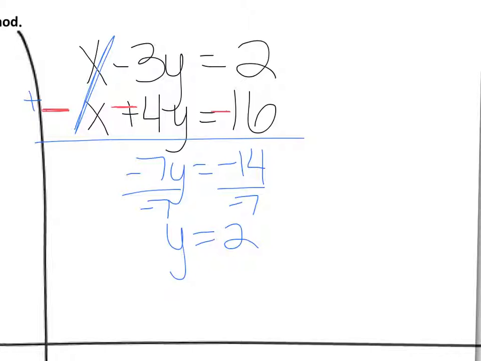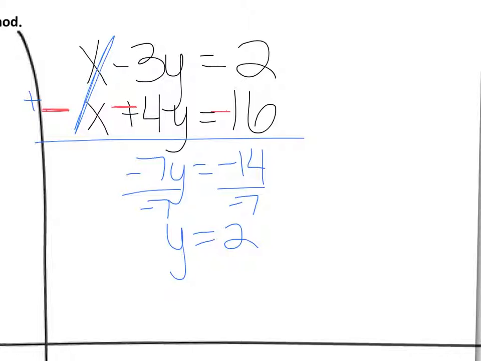Yes? Why is it negative 7? Negative 3y minus 4y. We changed everything to the opposite. Or negative 3y plus the negative 4y. We're kind of subtracting this time instead. So we just change everything to positive, it's negative? Yes. Yep.